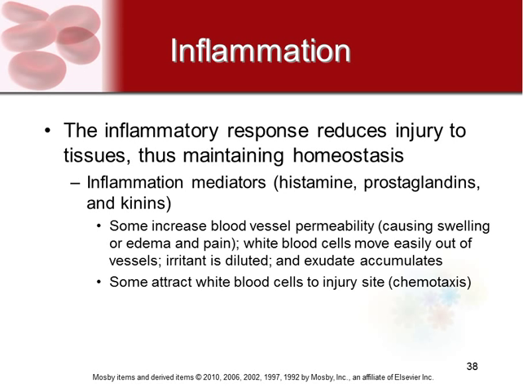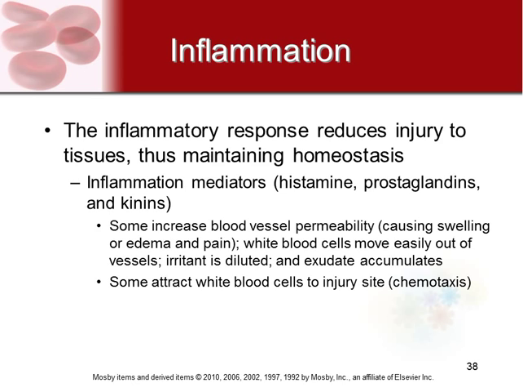So, your inflammatory response reduces injury to tissues, which maintains homeostasis. And it does that, like I said, by those inflammation mediators. And some of those are going to increase blood vessel permeability. That's what causes that swelling and pain. And the white blood cells can move easily out of the vessel to attack that bacteria and dilute that irritant.